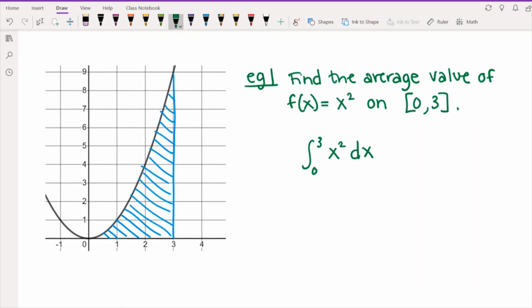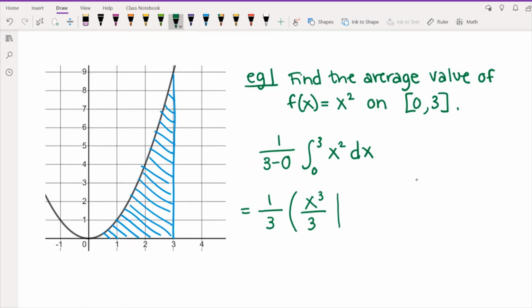So we're going to multiply this by 1 over 3 minus 0, which is just 1/3. We've done this one in the past, but let's just do it again. The integral from 0 to 3 of x squared, that means that we have the antiderivative being x cubed over 3. And I'm just going to leave this 1/3 on the outside of the integral, and we can multiply it in at the end.